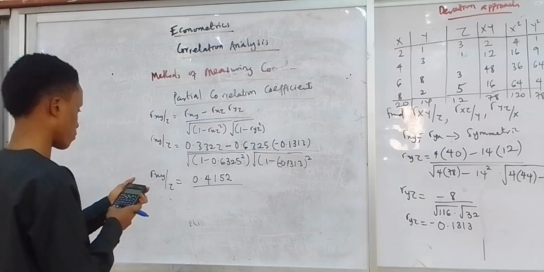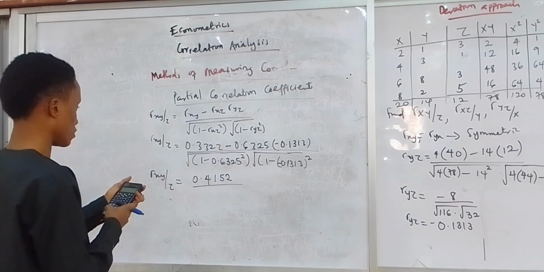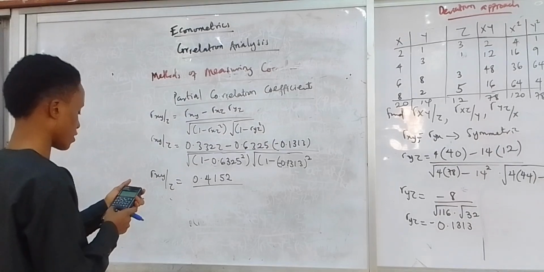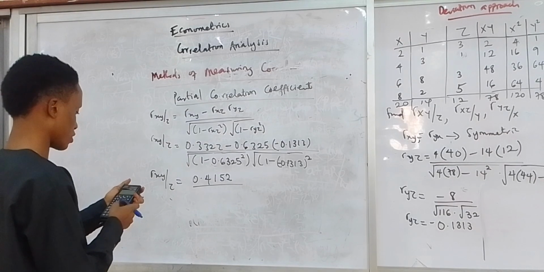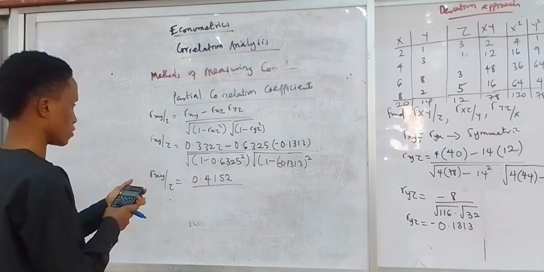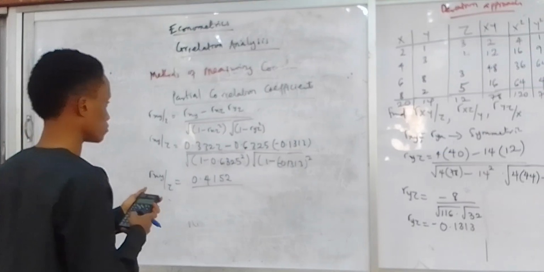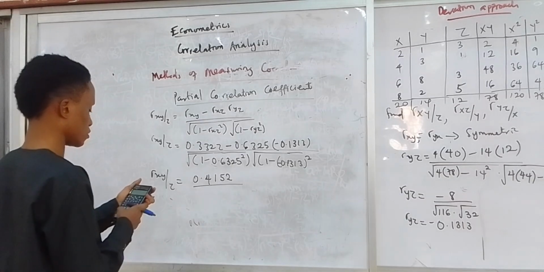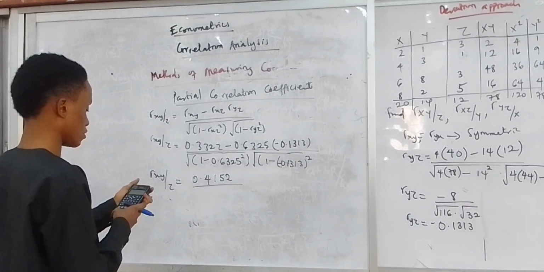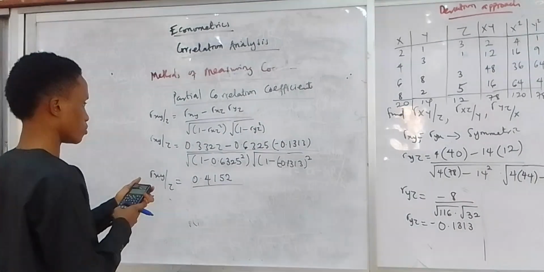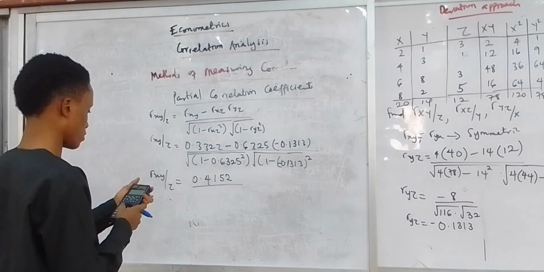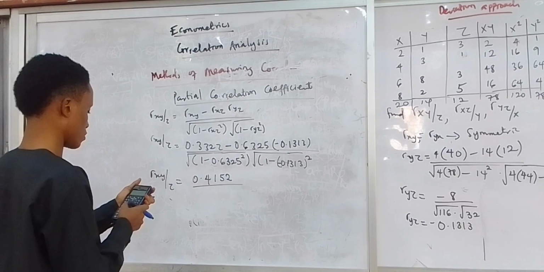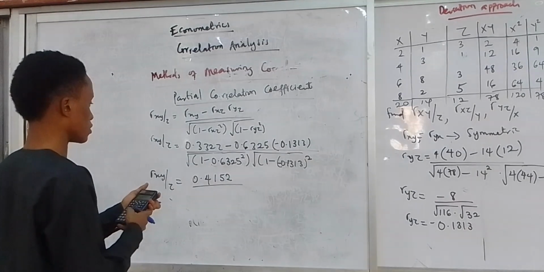And the ones are for 1 minus 0.6325 raised to power 2, close bracket, into bracket 1 minus 0.1313 close bracket, power 2, close bracket.